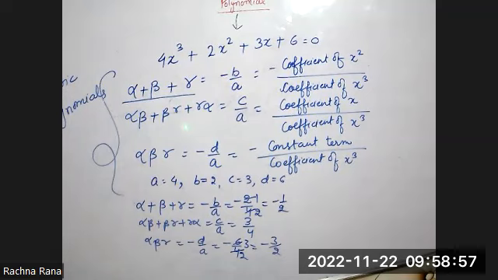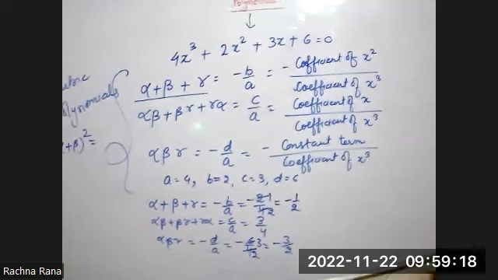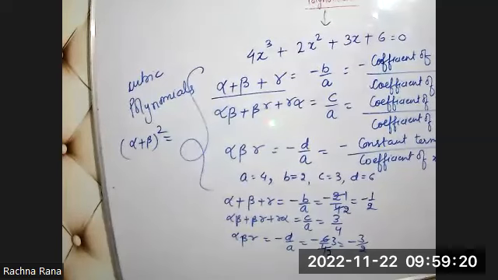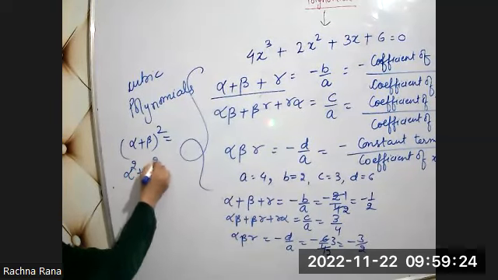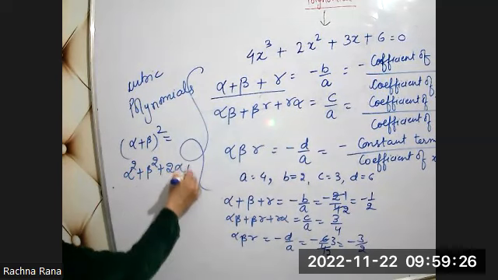Now next point is zeros. Alpha, beta, gamma follow the rules of algebraic identities. Here alpha plus beta whole square is equal to alpha square plus beta square plus 2 alpha beta.